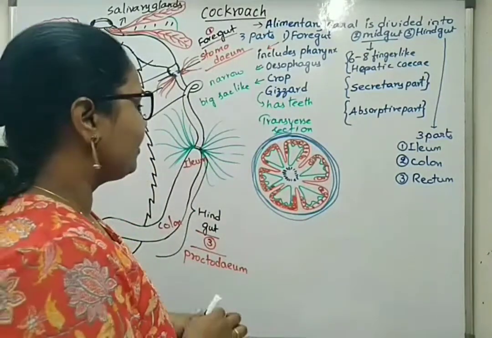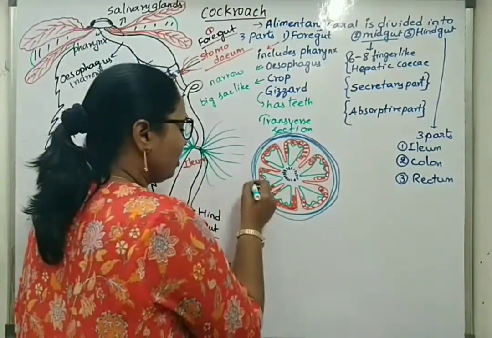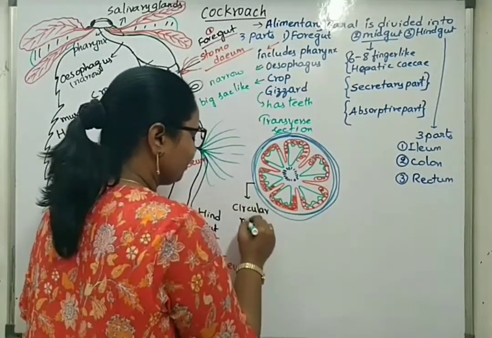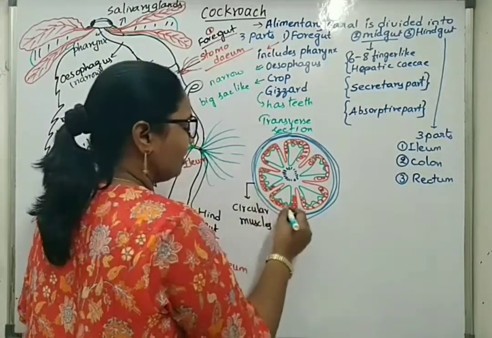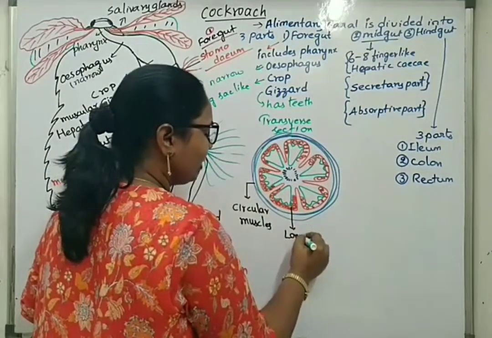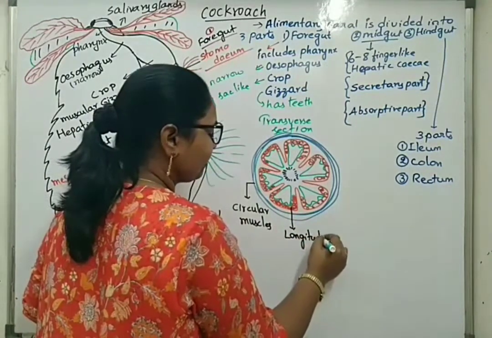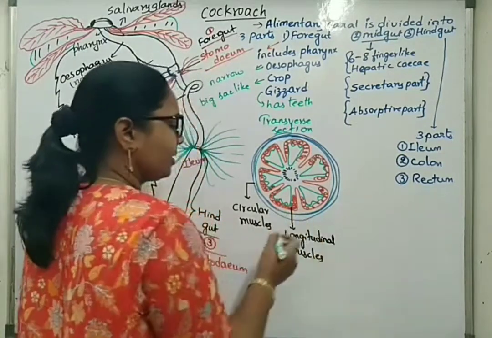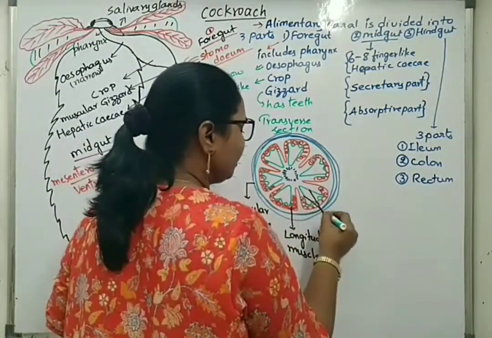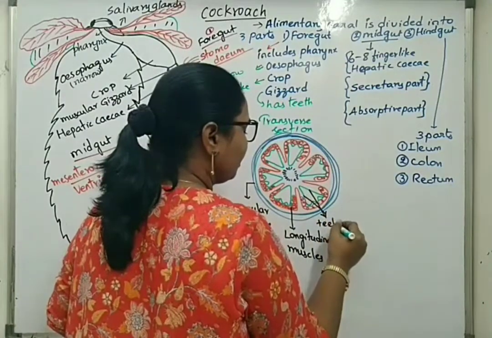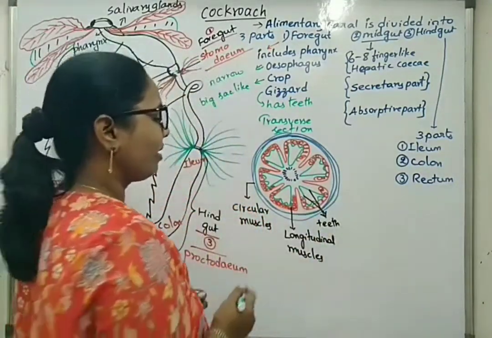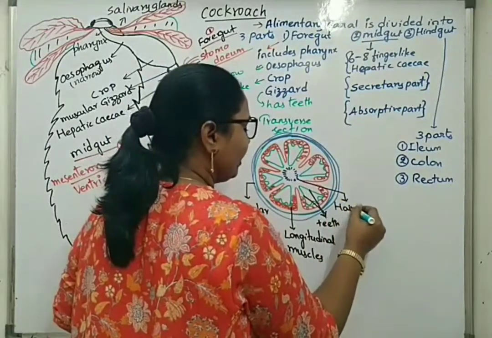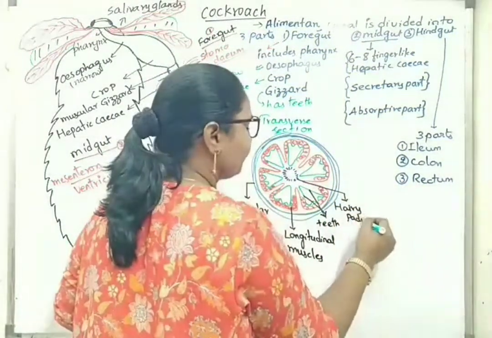Now, we'll give labelings for this. The outermost structures are circular muscles. These are longitudinal muscles. These are teeth. These are hairy parts.